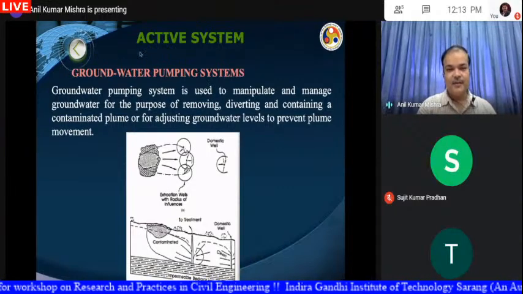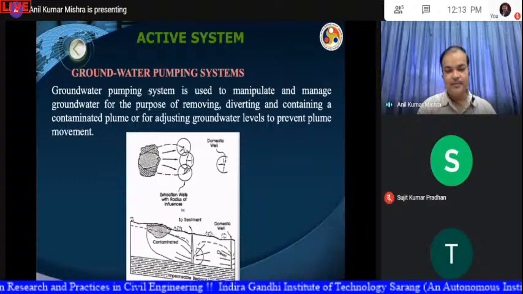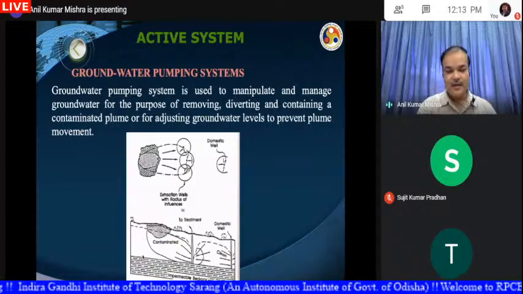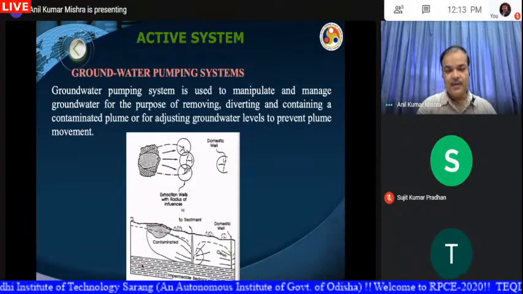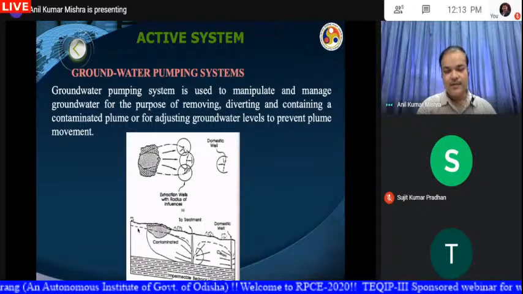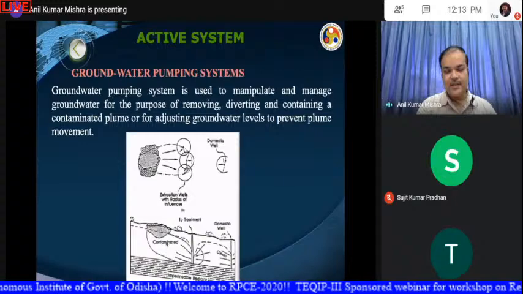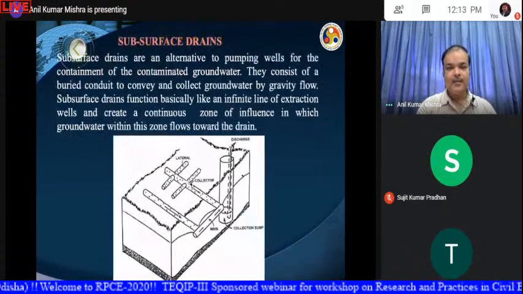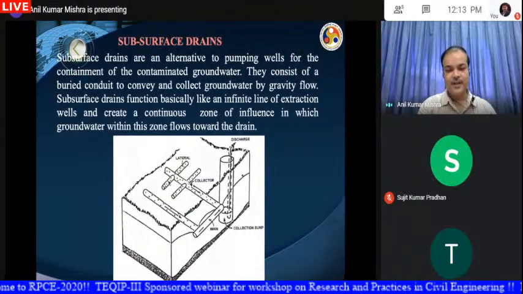The first technique of the active system is the groundwater pumping system, in which wells will be inserted, and then the water will be extracted using those wells. When we take out the water, the water table depth will go down and it will go below this contaminated site. Another one is subsurface drain.